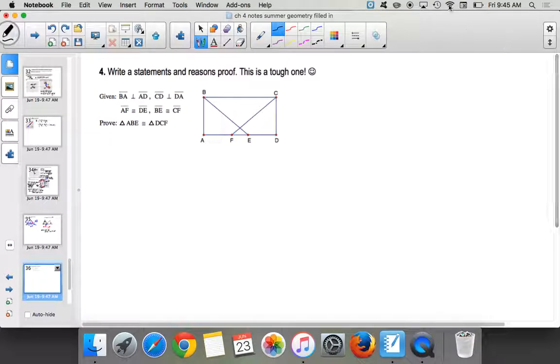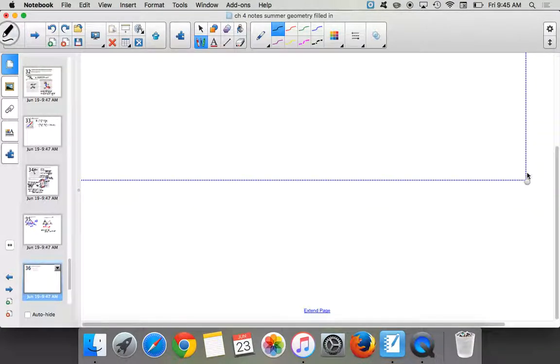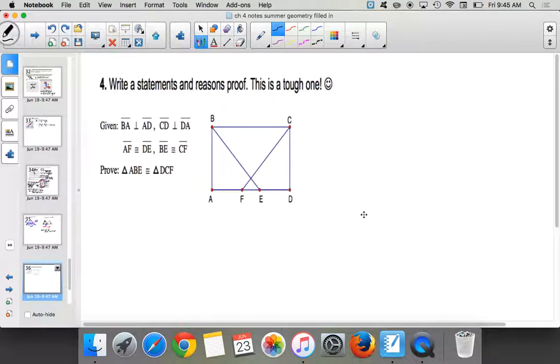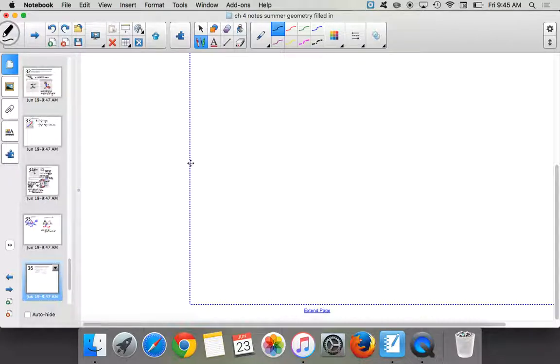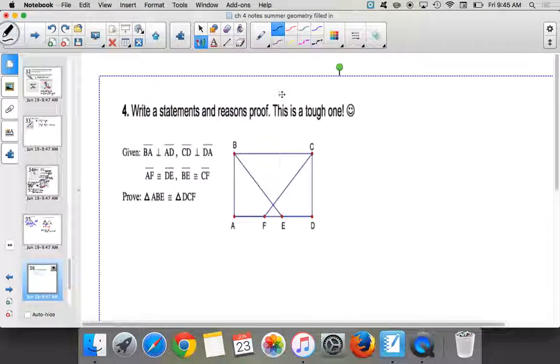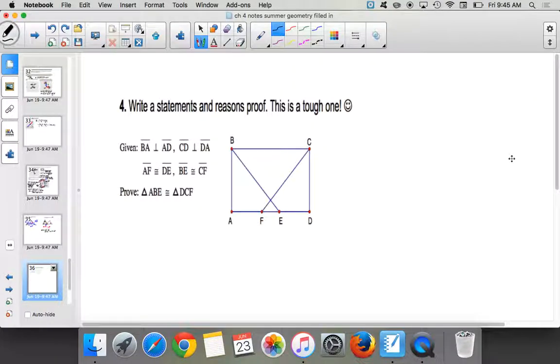So maybe I'll make this a little bigger. Can I make it bigger? Now I stretched it out. Funny. All right, anyway, so we have BA is perpendicular to AD, and CD is perpendicular to DA.